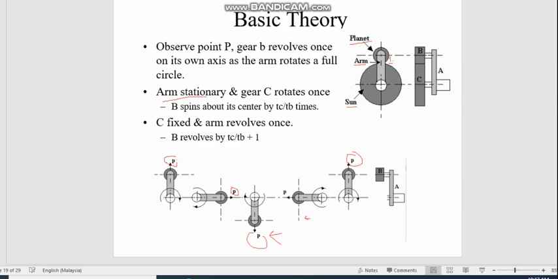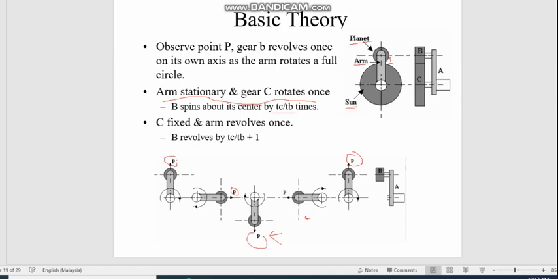So if the arm is stationary and gear C, which is the sun gear, rotates once, B will spin about its center by Tc over Tb, right? And again, Tc is the number of teeth of gear C, and Tb is the number of teeth on gear B, the planet gear, right?